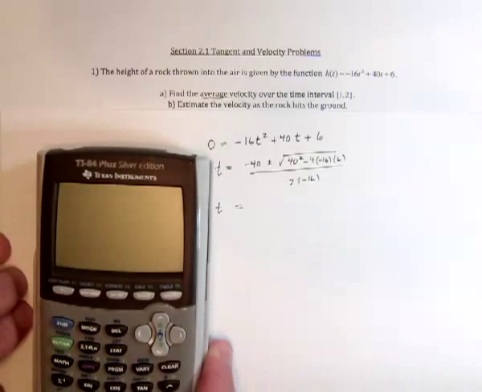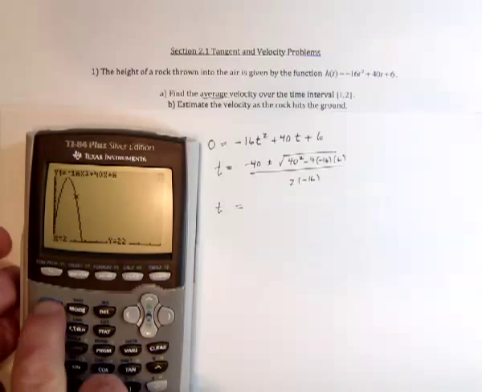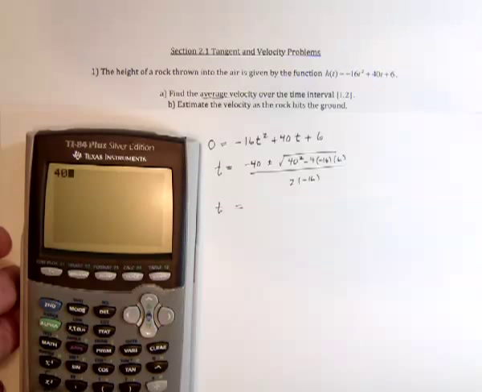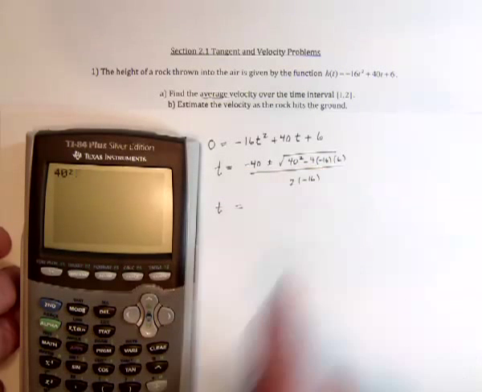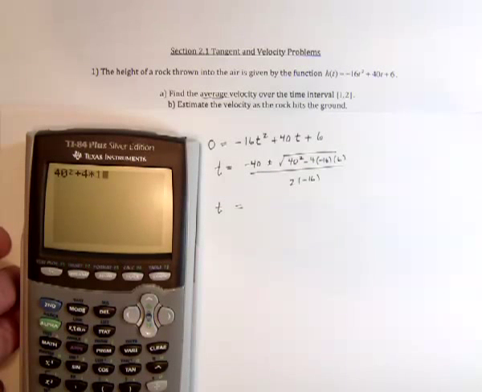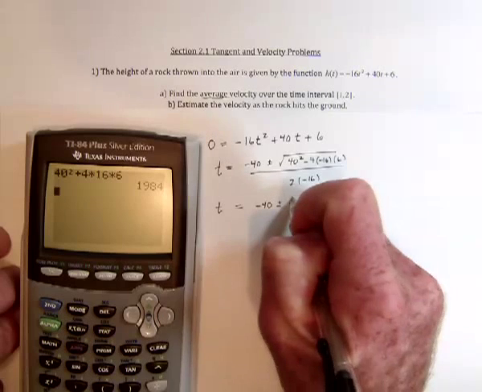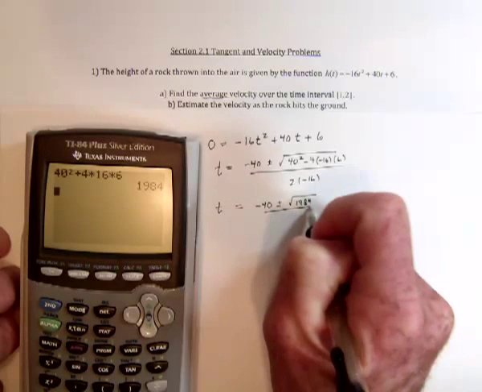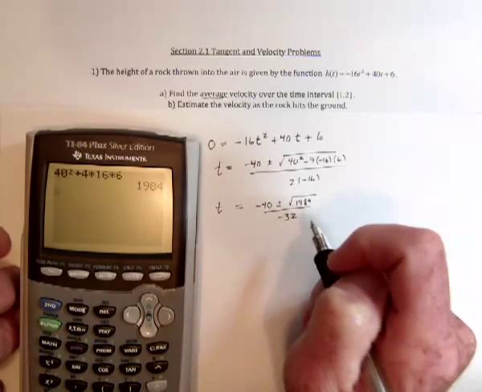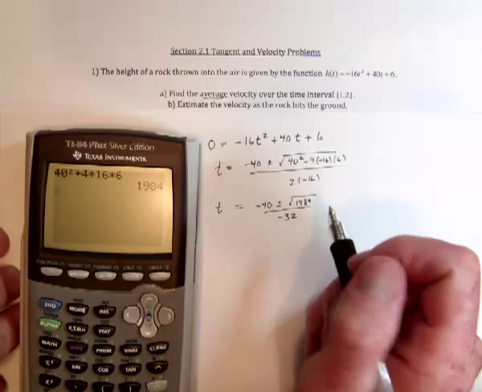So that's going to be, inside the radical, 40 squared, and then 2 negatives will make a positive, 4 times 16 times 6. So we need the square root of 1984. And there are 2 answers, but we only need the positive answer because we're dealing with time.